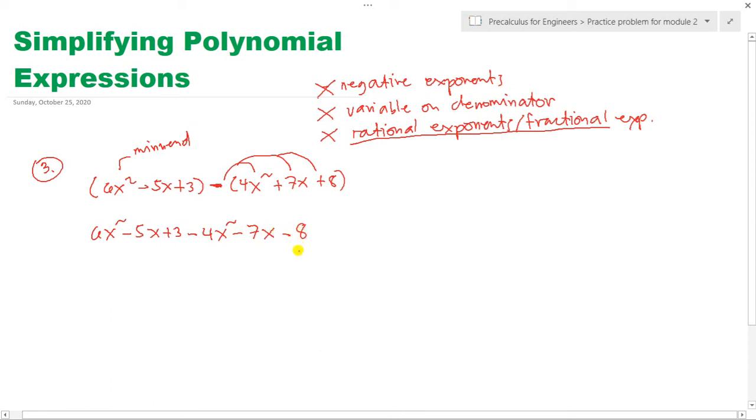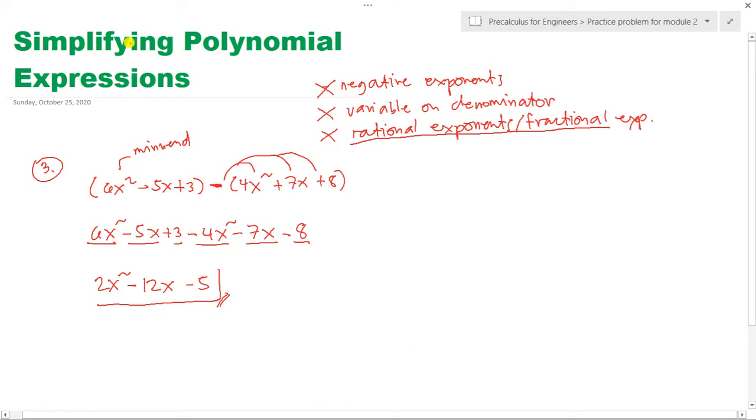After that, you need to combine the terms that have the same variable and corresponding exponents. So combine like terms. We have 6x squared and 4x squared; we have 2x squared, because 6 minus 4. Then negative 5x and negative 7x, we have negative 12x. And then 3 and negative 8, you have negative 5. So therefore, this would be our simplified form of our polynomial expression.